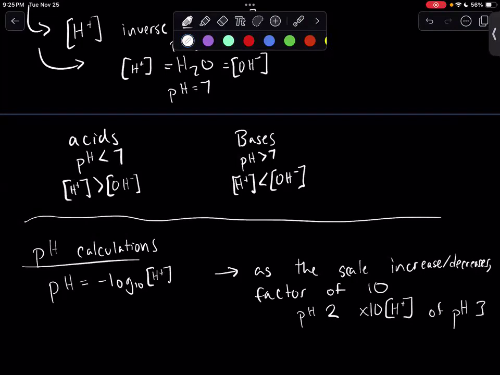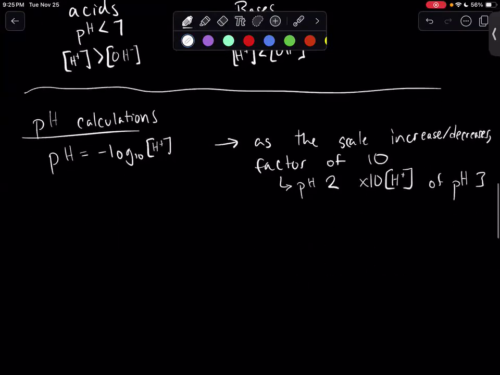So pH 2 will have 10 times more hydrogen ions than pH 3 because it's logarithmic. That's something we're going to keep in mind as we do our calculations.